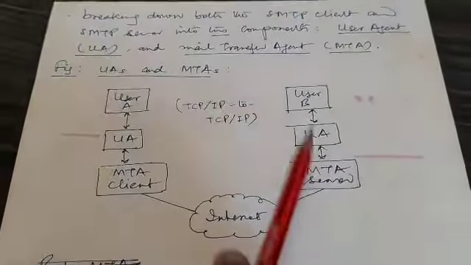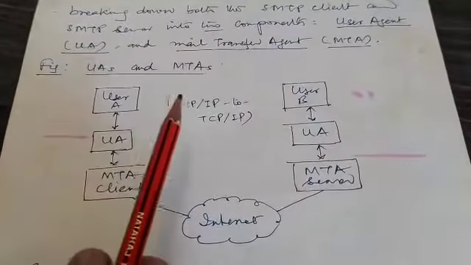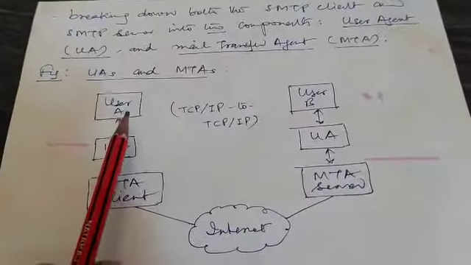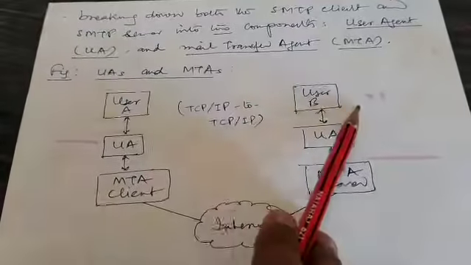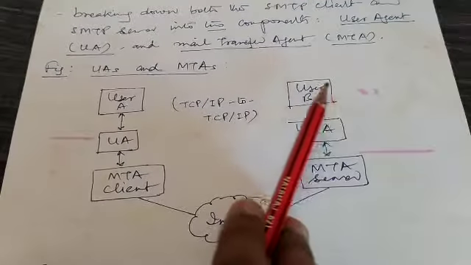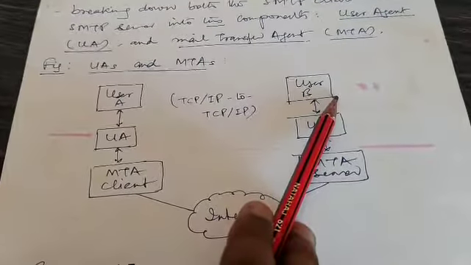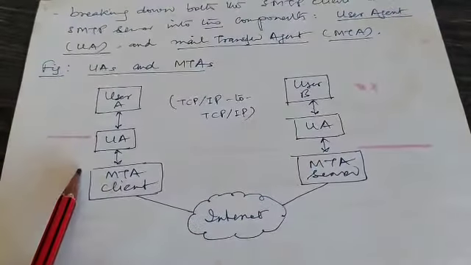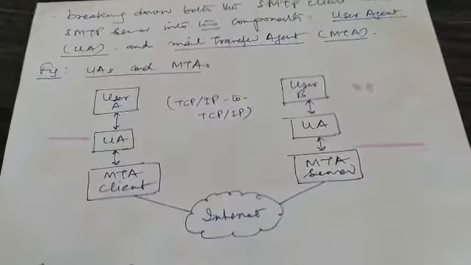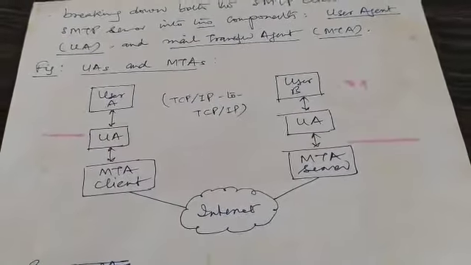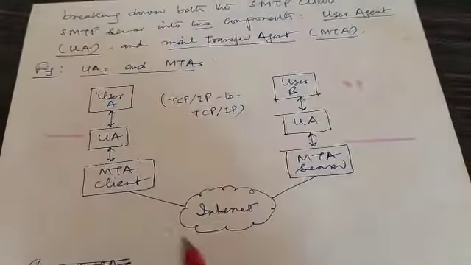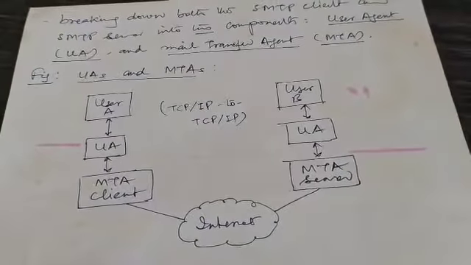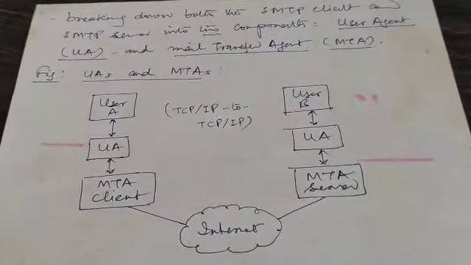So this is what has been shown over here, and we can see that on both the sides there are the users as usual for email communication, user A on the client side say and user B on the server side.